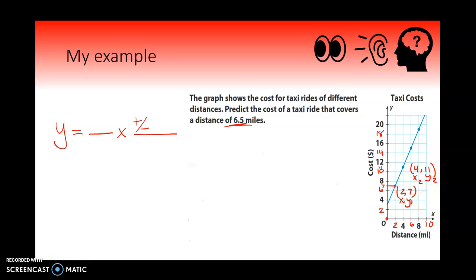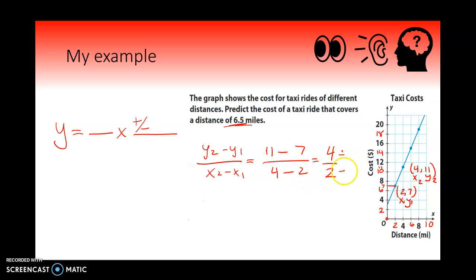Now we're going to plug them into our handy-dandy slope formula. y2 minus y1 over x2 minus x1. y2 is 11 minus y1 is 7. x2 is 4 minus x1 is 2. 11 minus 7 is 4. And 4 minus 2 is 2.